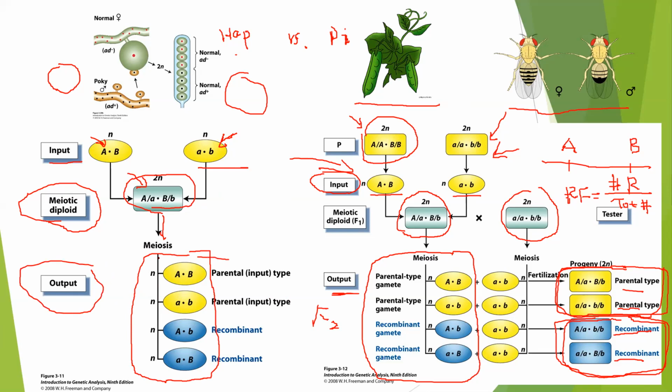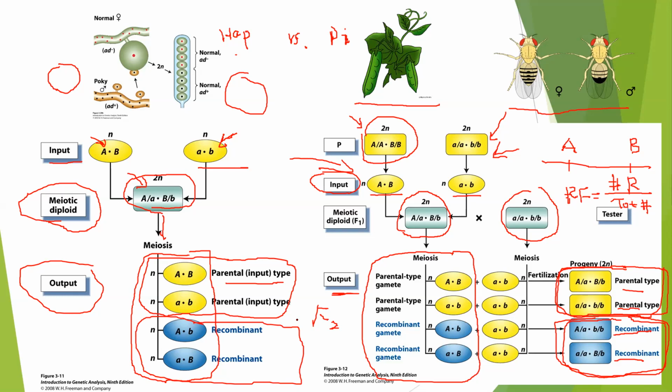Still, we can see part of the progeny will carry exactly the same genotypes as their parents. Those are the parental type. However, some of them are not. They have different genotypes when compared to their input parental genotypes.